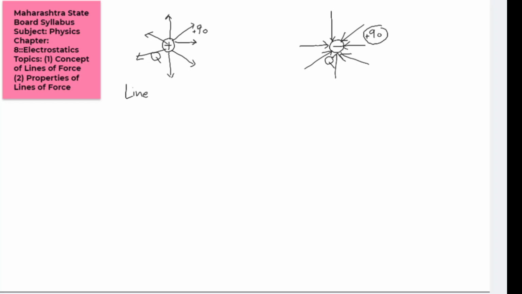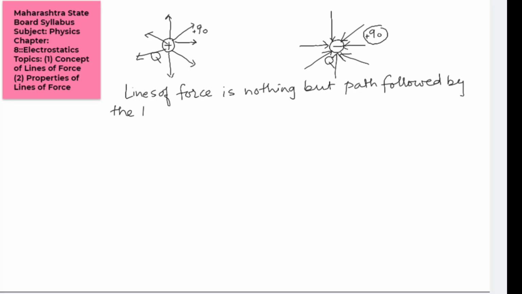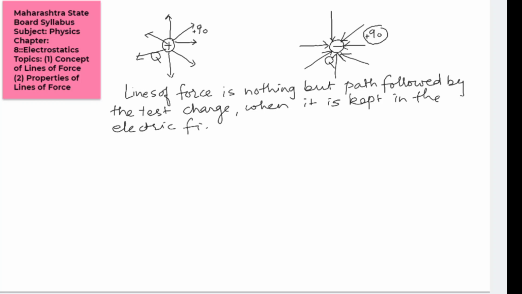Lines of force is nothing but the path followed by the test charge when it is kept in the electric field of any charge Q. Any charge Q means either it is positive or it is negative.